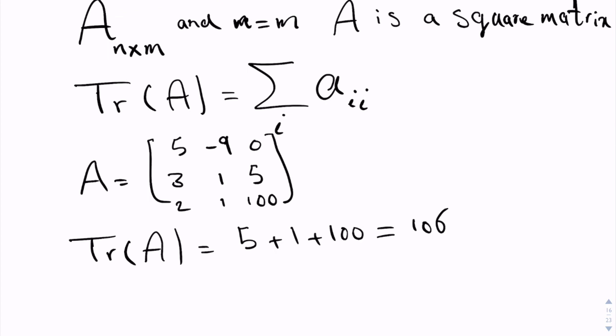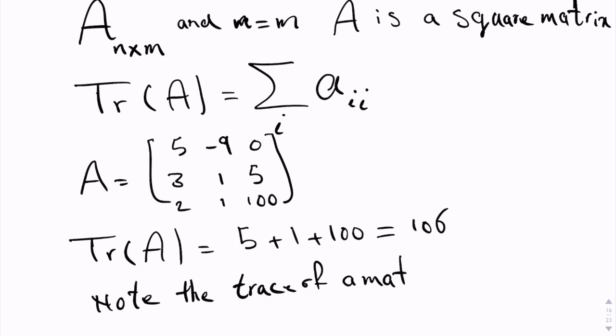When you apply the trace, the output is a scalar. In other words, the trace is a function that maps R^(n times n) to R.